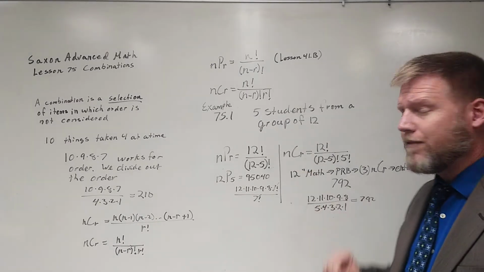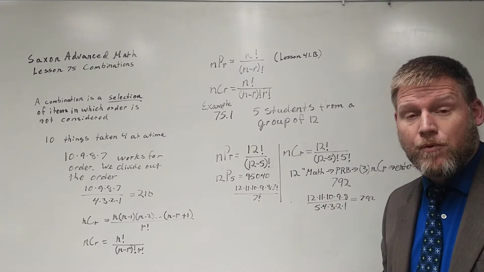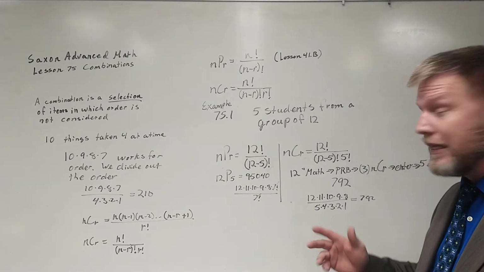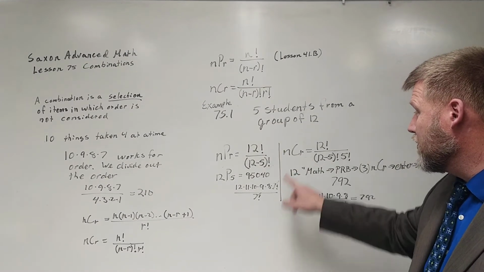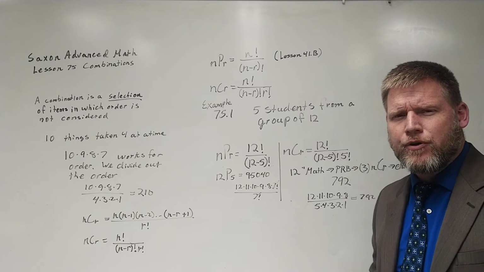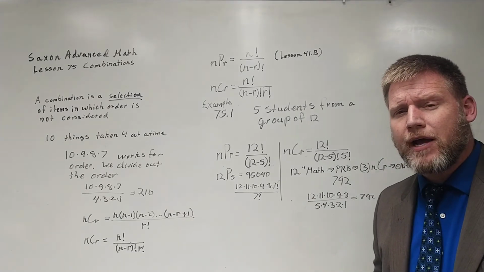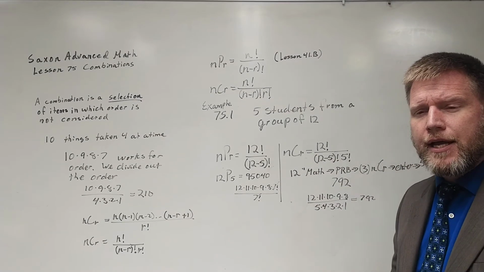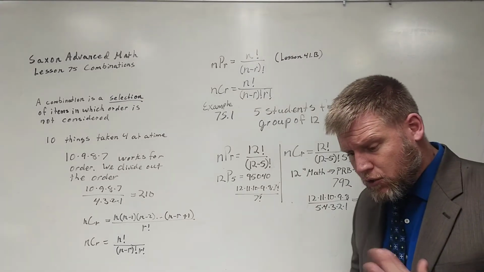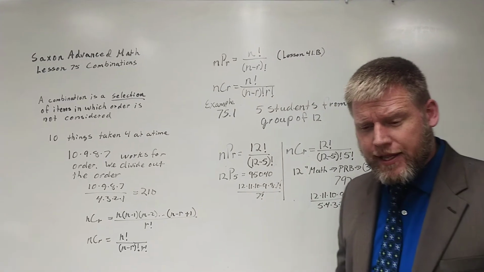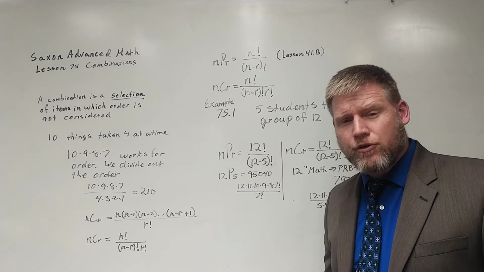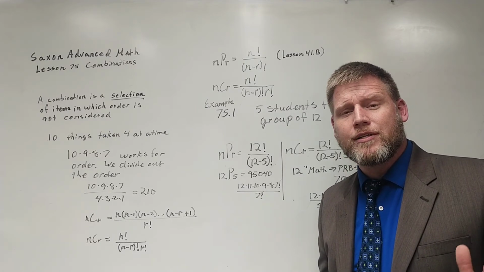If I wanted to do 12 nCr 5 with a calculator, I'm going to label that n is 12 and r is 5. If you're using the TI series, they're a little bit backwards in the way they go in, because if you just put in nCr 12, 5, how would I tell the difference between that and 125? There would be no way to differentiate.